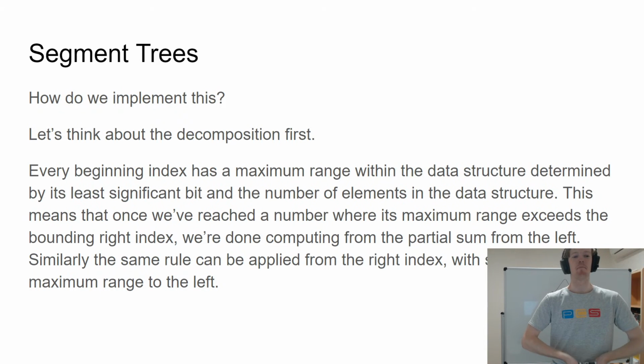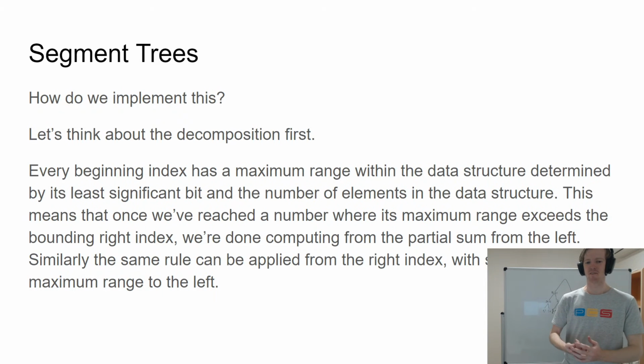Every beginning index has a maximum range within the data structure. So this value with the least significant bit is going to be like when we reach it, and its range extends past where we need to get to. So we basically want to take a left bound and keep on increasing it by the greatest range that'll let you increase it until it gets to that point where increasing it will move past the right bound.